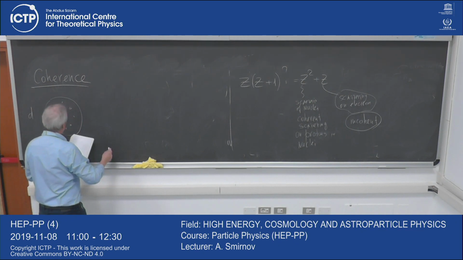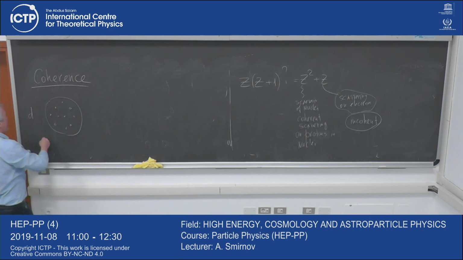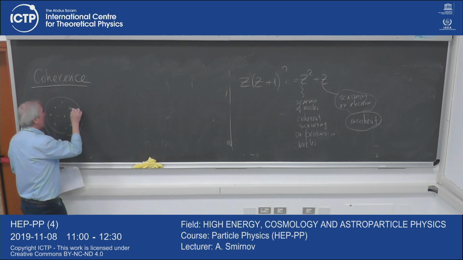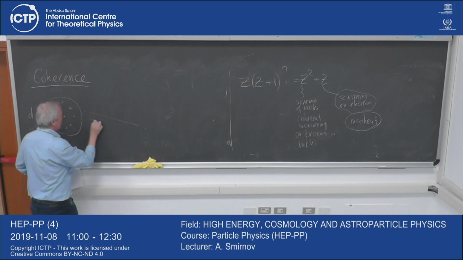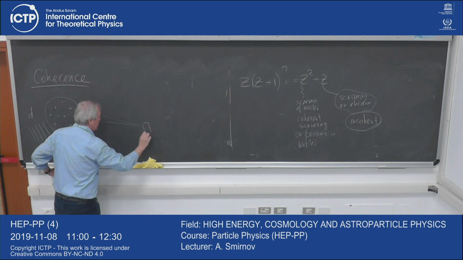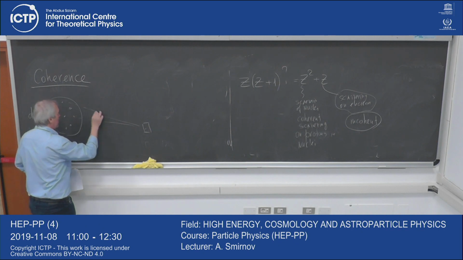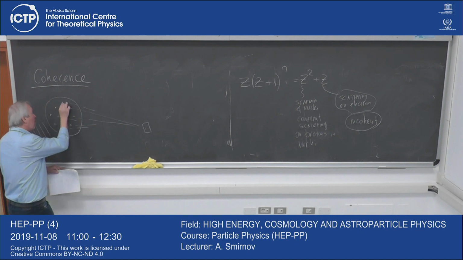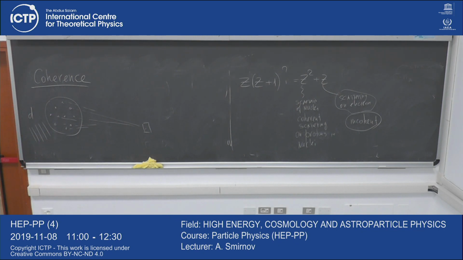And we have a wave which falls onto this object, and this wave scatters on different elements. And then somewhere here we see the result of the scattering. So this is our detector here. And we see the result of scattering on different components of our object.